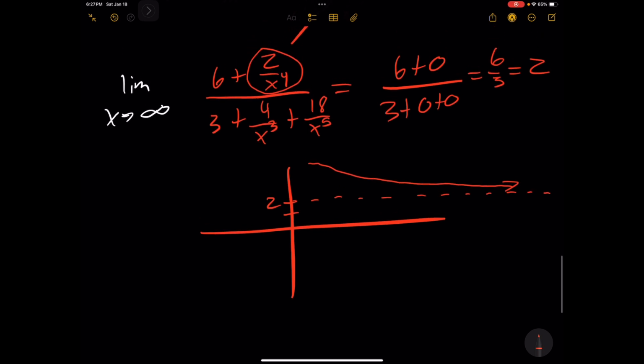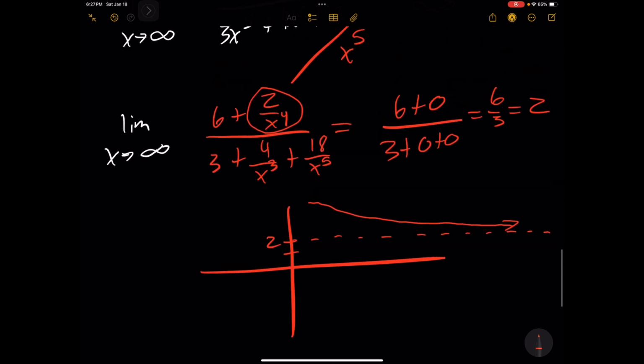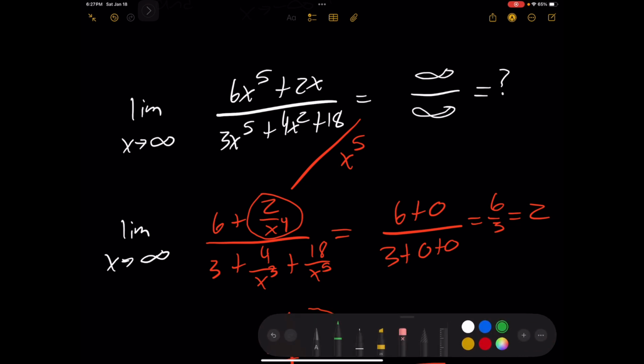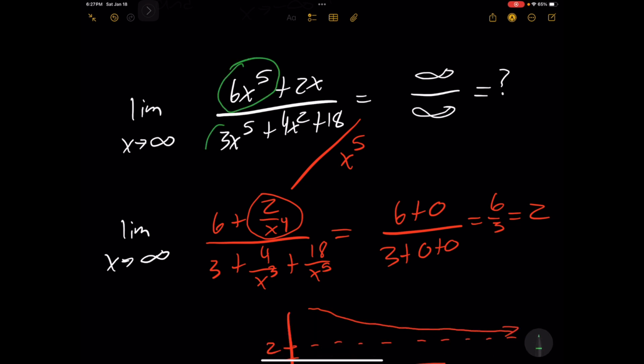That's what we just figured out here. And what we saw, let's go back and look. What we saw was, what really matters is, again, these leading terms. So we only ended up needing the 6 and the 3, the terms with the highest power. And that's going to be a theme here.